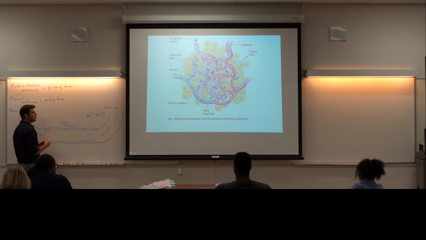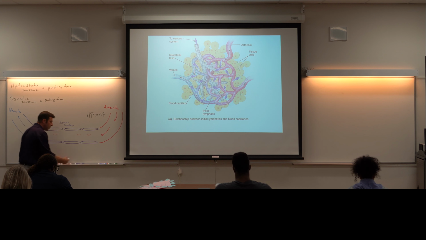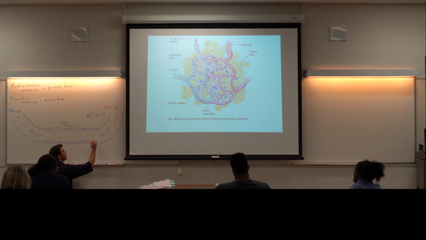When this pushing force wins the battle, things end up being pushed, squeezed out of these vessels, in between those thin cells of the capillary. This is what we call filtration. I just want to make a distinction between filtration.